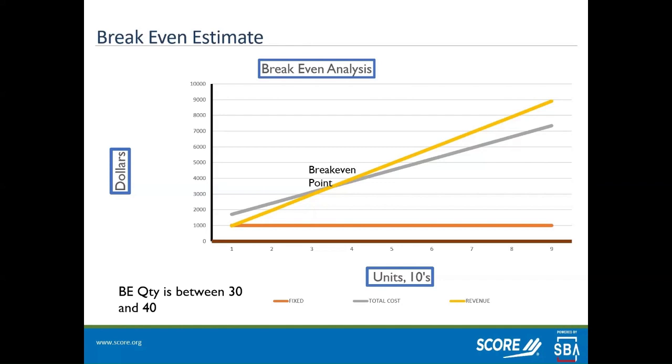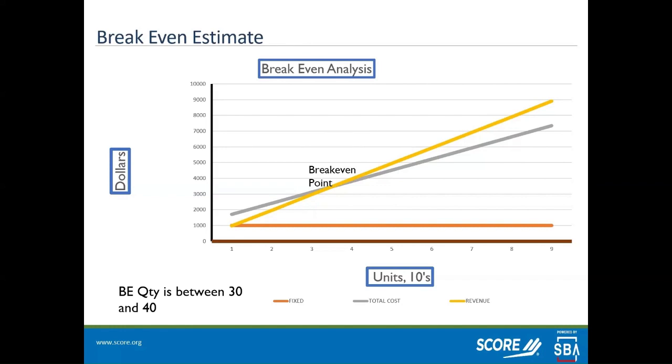And where the revenue crosses the total cost line, that's referred to as break even. And that basically says, in order for me to break even on a cash flow basis, I would have to sell, say, 35 of these items. Is that something that I can do in a month, or is it something that's going to take me longer? Am I comfortable that I'll get that kind of volume?